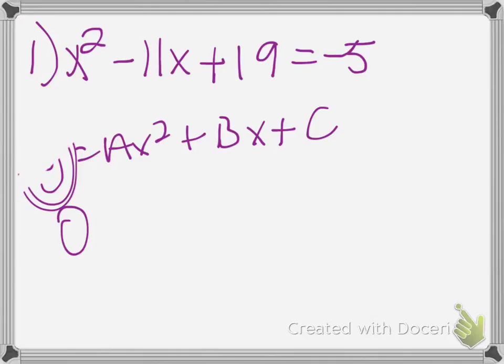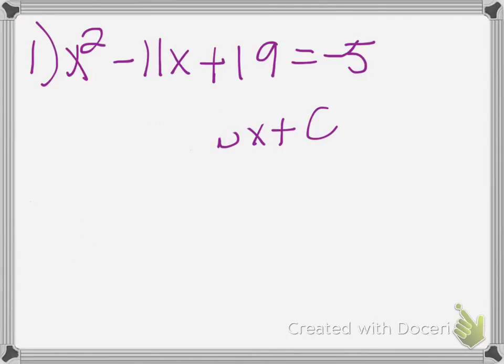So the whole point with solving is to be able to find out what the x-intercepts are for your parabola graph. Okay? And so I'm first going to add 5 to both sides.